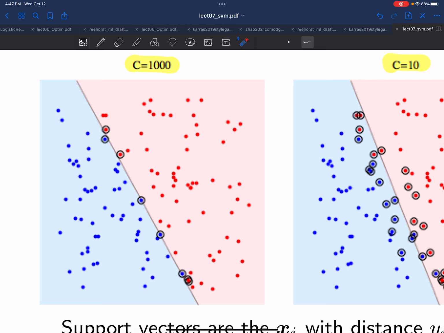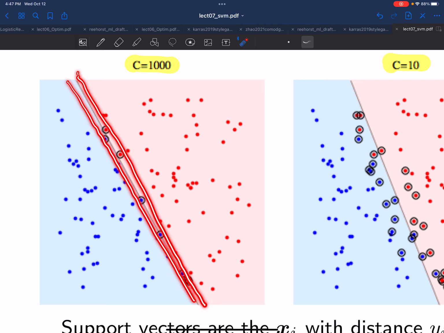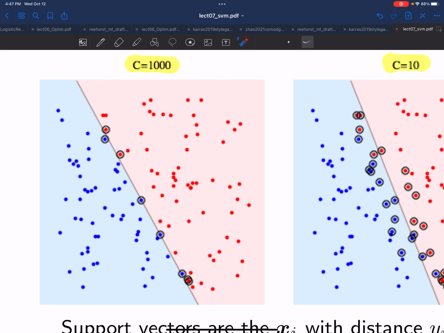From them, you can basically deduce the street. The street is like here, and you can see the street is very narrow. The support vectors are the ones that are either on the boundary of the street, in the street, or on the wrong side of the street. So those are the circled ones.